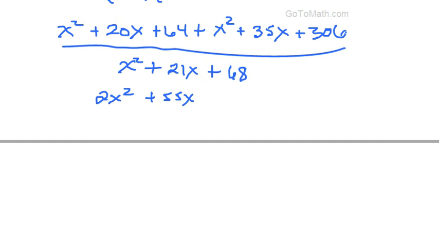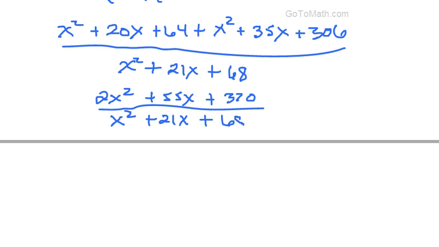And we've got a 64 and a 306, plus 370, and that's all over x squared plus 21x plus 68.